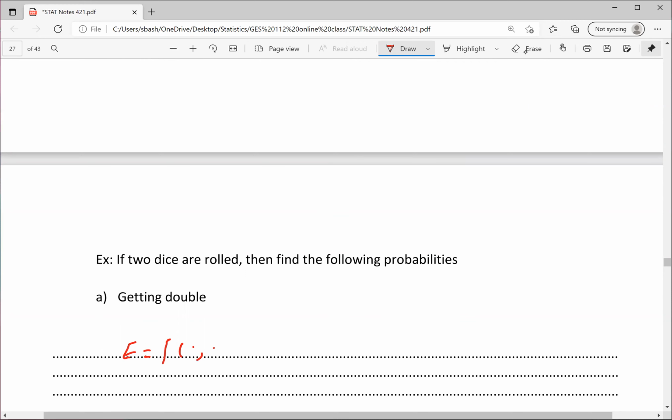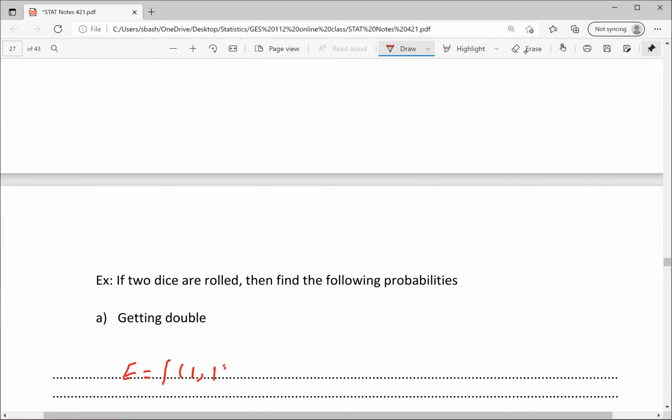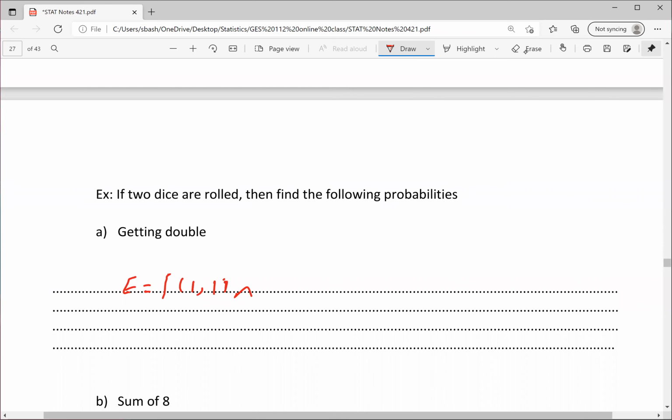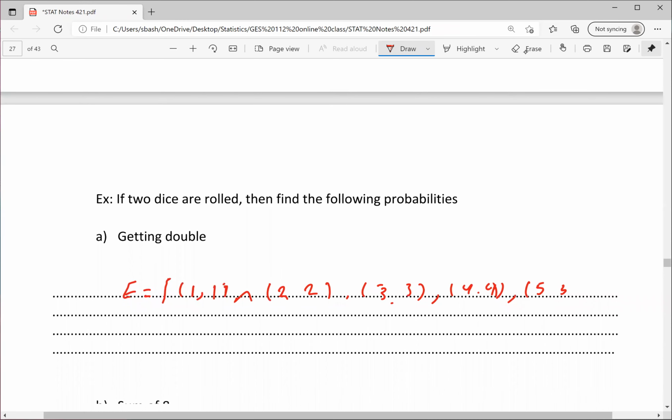It is 1 and 1, 2 and 2, 3 and 3, 4 and 4. This means getting a double: the same number in the first die and in the second one. 5 and 5, and 6 and 6.